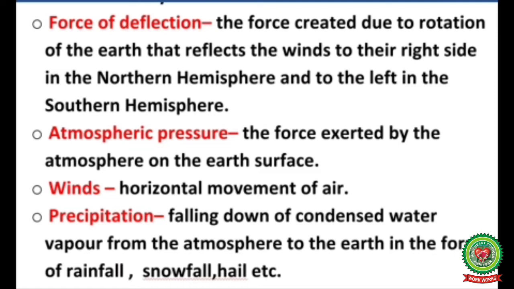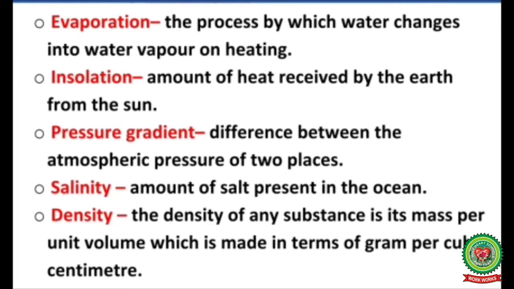Atmospheric pressure. The force exerted by the atmosphere on the earth's surface. Winds. Horizontal movement of air is called wind. Precipitation. Falling down of condensed water vapor from the atmosphere to the earth in the form of rainfall, snowfall, hail, etc. The next term is evaporation.